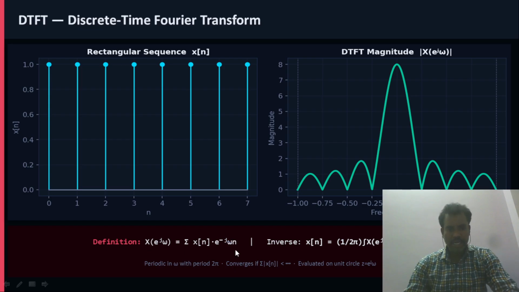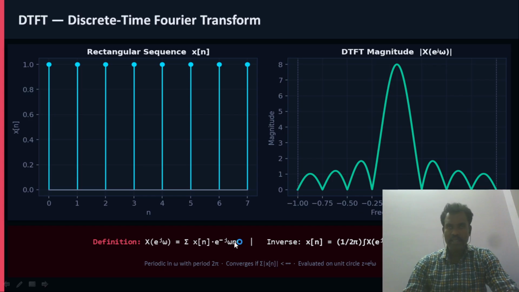The concept behind this formula is any transform is calculated by multiplying the signal with the kernel of this transform. The kernel of the discrete Fourier transform is e power minus j omega n.